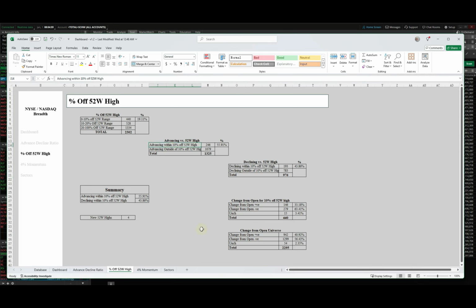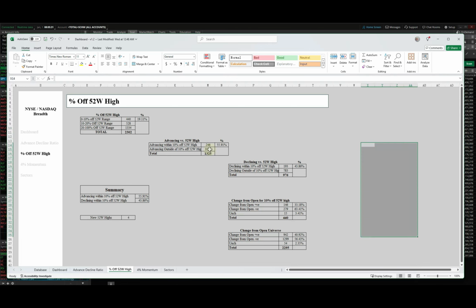If we check how many stocks were advancing within 10% of the 52-week high today, for example, if this is the 52-week range, and this is the 10%, how many stocks were advancing into this zone? You see they were advancing 56%. So this area looks still okay, not so bad today, compared to here.